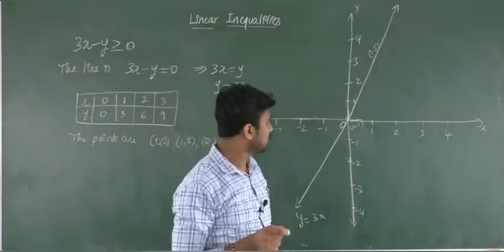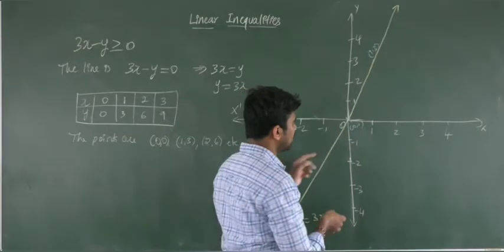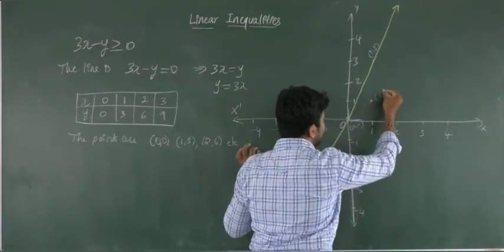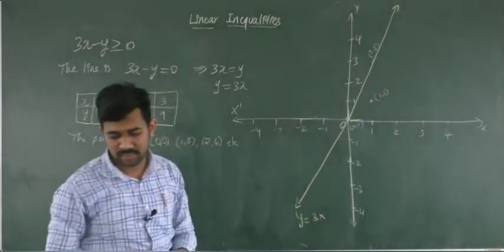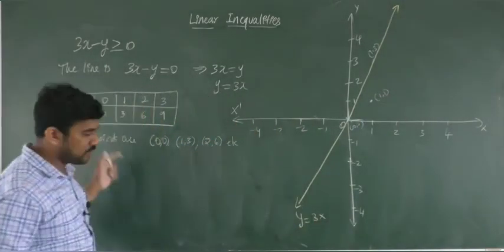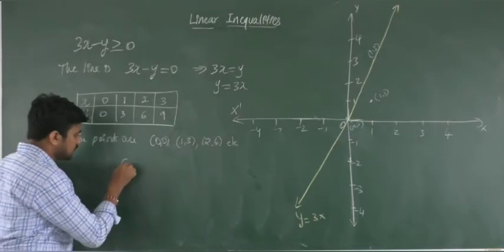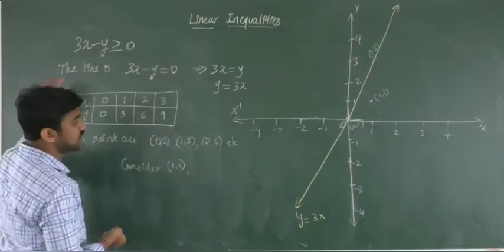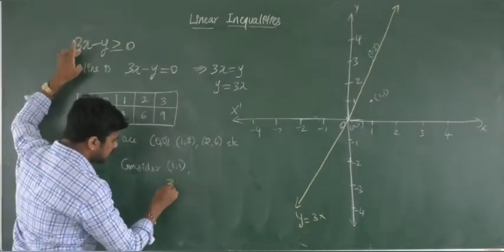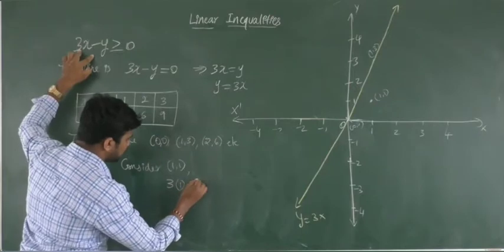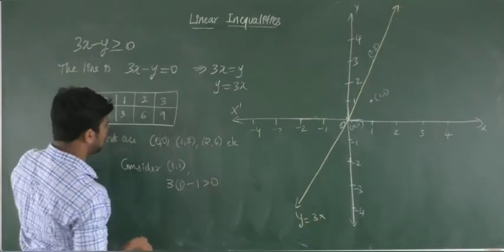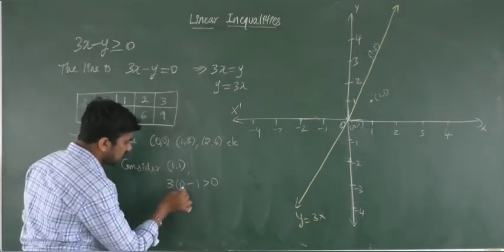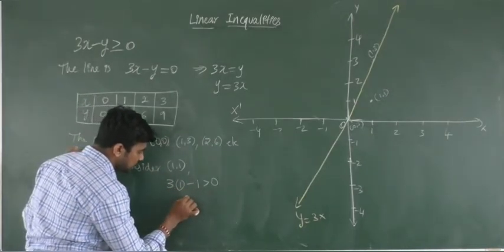Okay, like that. So take any simple point here, 1, 1. You can observe that the point does not lie on the line. So consider 1, 1. Substitute in the given inequation. What will we get? 3 into 1 minus 1 greater than 0. x is 1, y is also 1. 3 into 1 is 3. 3 minus 1, 2 greater than 0.